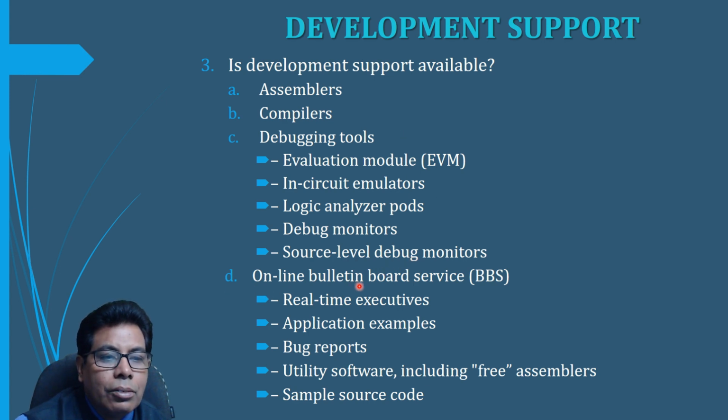Then online bulletin board service. So even the real-time executives, application examples, bug reports, utility software including free assemblers, then sample source code, whether they are available. In many cases, these things are available online.